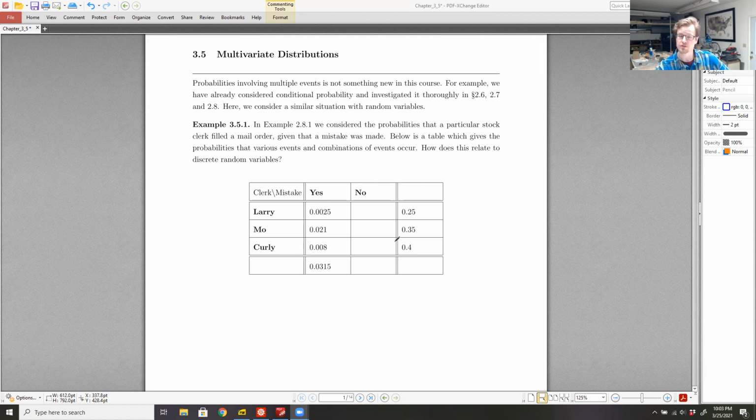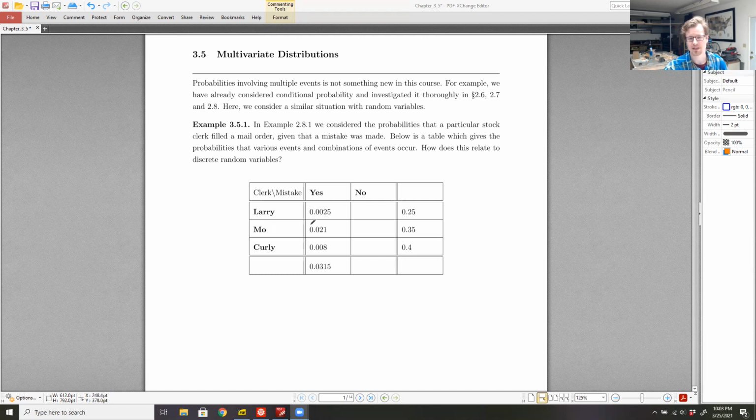So this might look familiar, but essentially what happens is we're saying, all right, what's the probability that Larry filled the order and made a mistake? There it is right there. This probability, we weren't explicitly given, we were given a conditional probability in section 2.8, but from that conditional probability, we're able to calculate the probability that Larry filled the order and made a mistake.